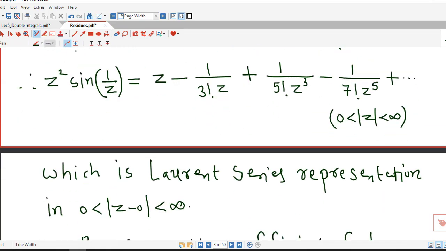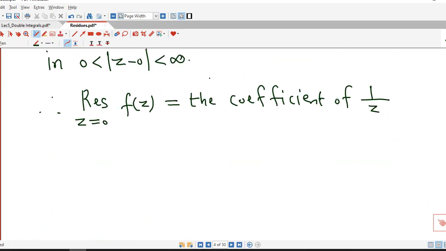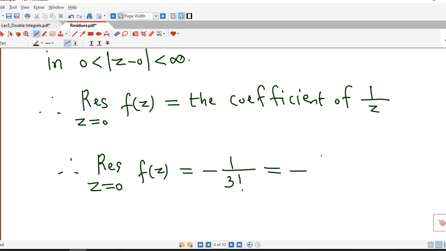So if we concentrate here, the coefficient of 1 by z is minus 1 by 3 factorial. So therefore the residue of f of z at z equal to 0 is nothing but minus 1 by 3 factorial, that is minus 1 by 6.